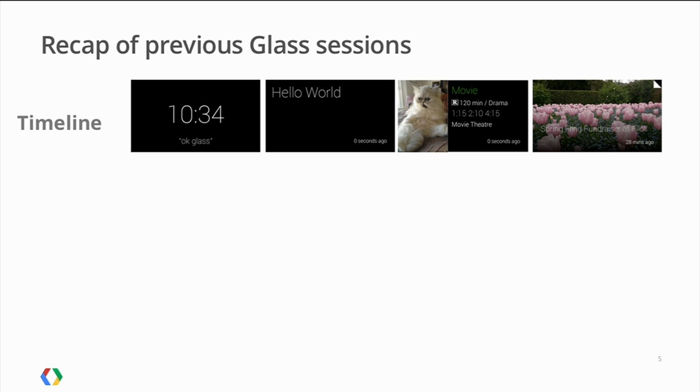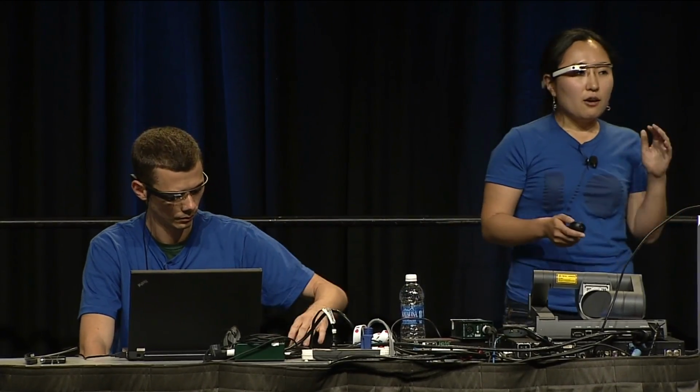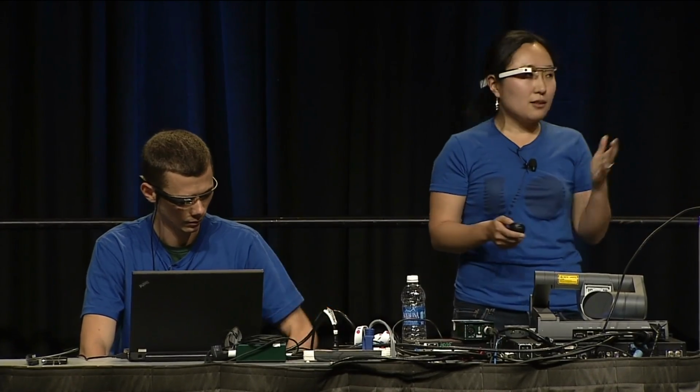Before I dive right into the talk, I'd like to do a short recap of what has already been covered at probably the two previous Glass Track sessions, with Developers for Glass and Mirror API. The name of our Glass system's main interface is the timeline. It's basically a strip of cards laid out horizontally.